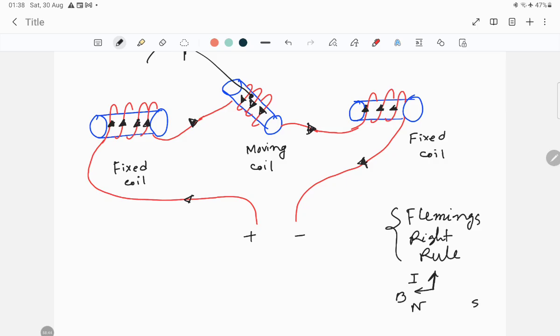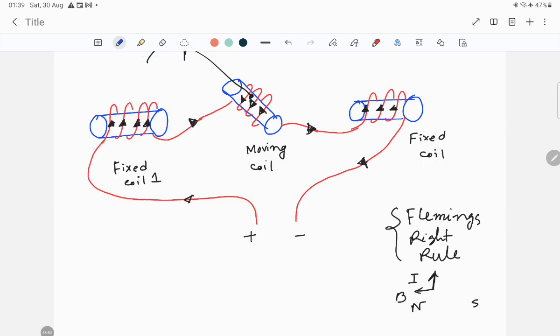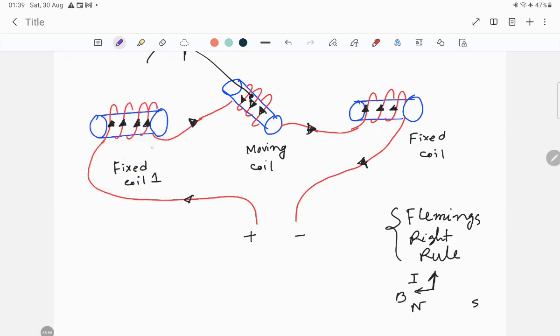Okay, so right now in this fixed coil number 1, if we apply Fleming's right hand rule, you may see that current is entering and the direction is upward. So there will be generation of a north pole and a south pole.